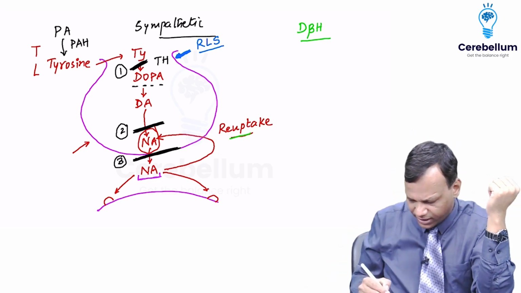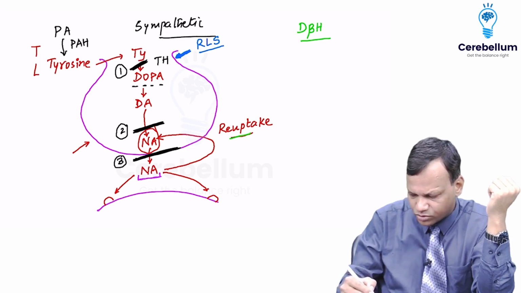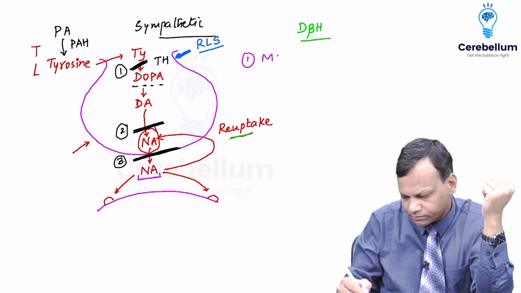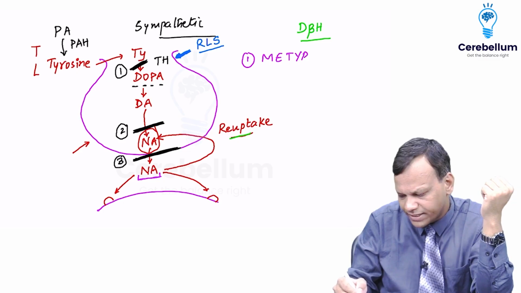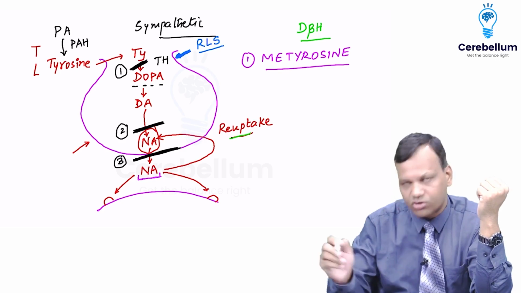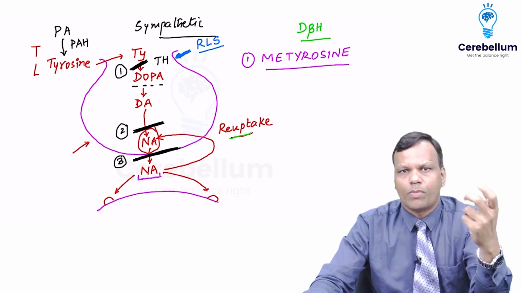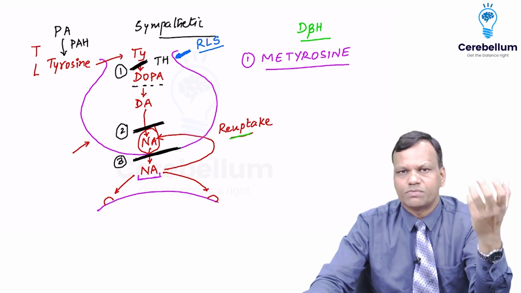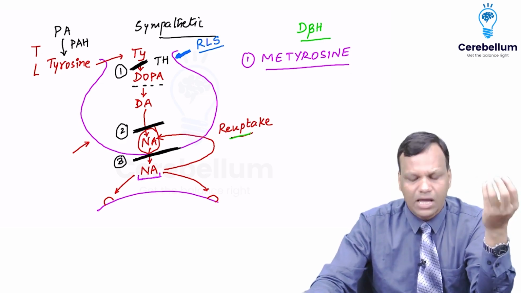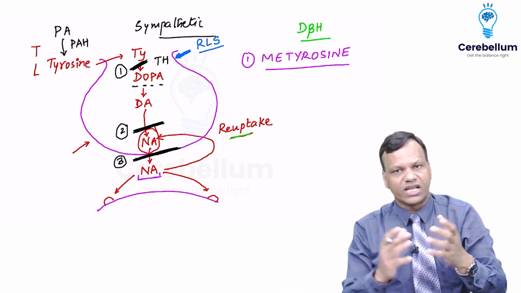So the number 1 drug here is metyrosine, a competitive inhibitor of the enzyme tyrosine hydroxylase. So tyrosine cannot be converted to dopa. So dopamine and noradrenaline will not be produced. So sympathetic action will not come. And from the name, you can remember the drug very easily.